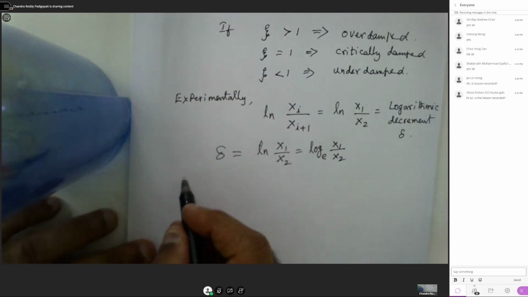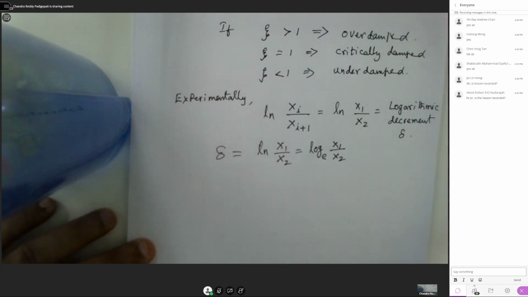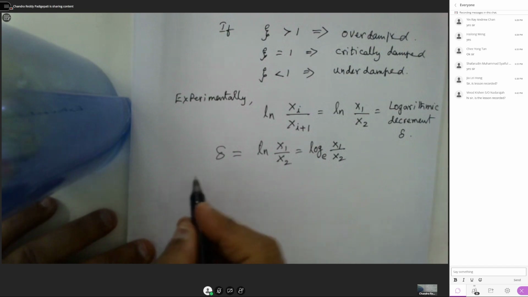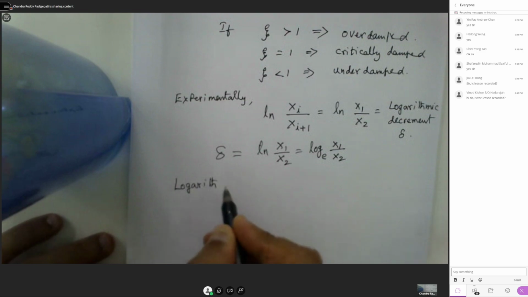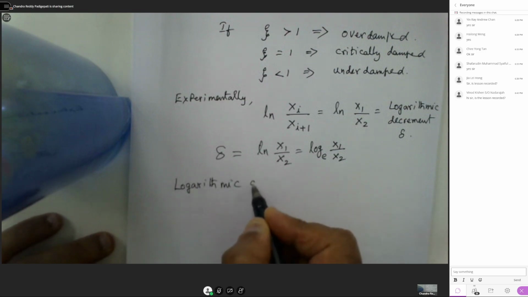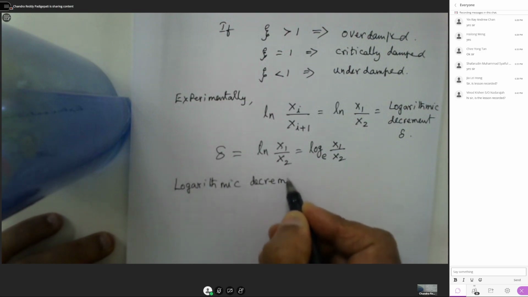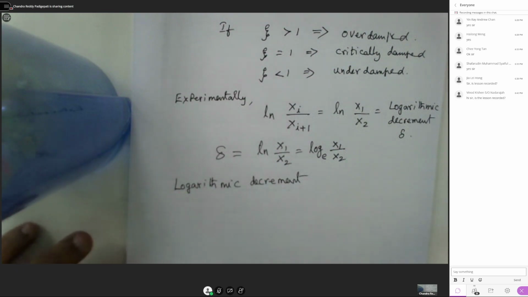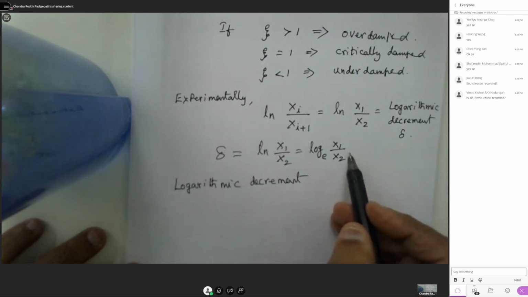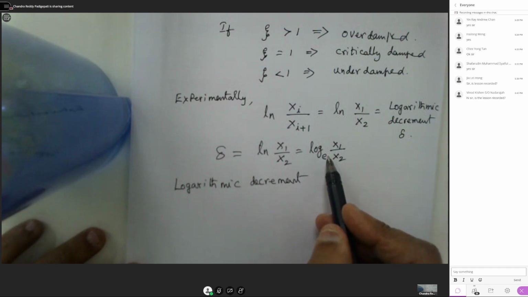So this logarithmic decrement is related to the damping ratio. We can find the logarithmic decrement experimentally: if you have a system, measure how the system vibration varies, take the amplitudes of two successive vibrations, then take the ratio and the natural logarithm of it.